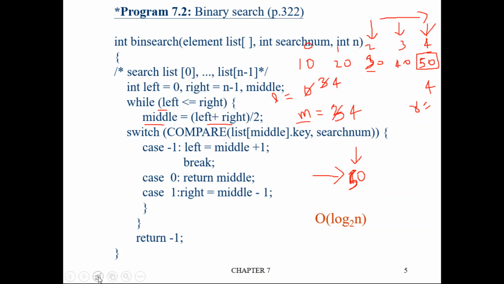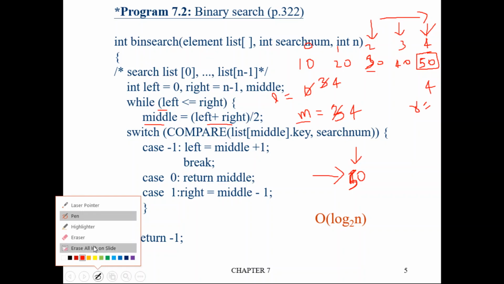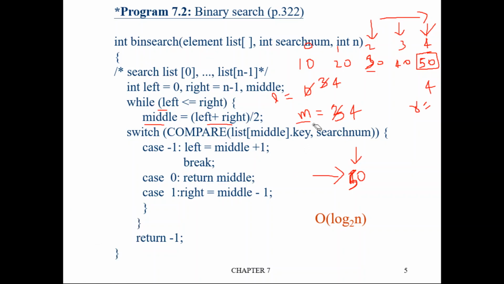For example, let us assume we want to search 10. Let us see how it works. Say the element to be searched is 10. Now L is 0, that is left is 0, right is 4.